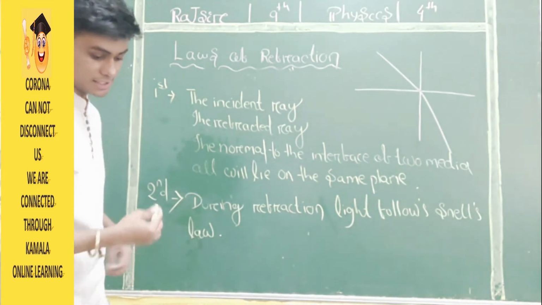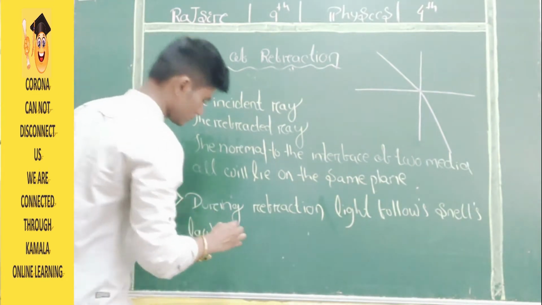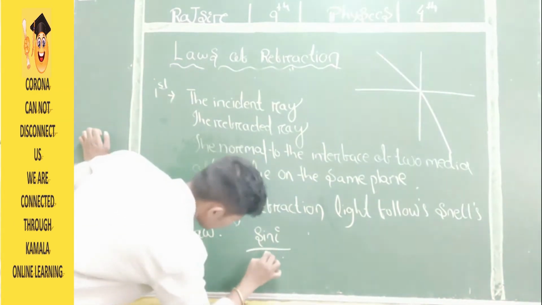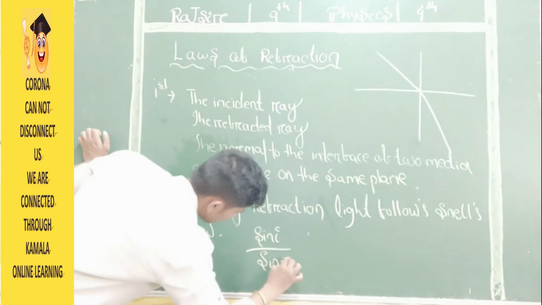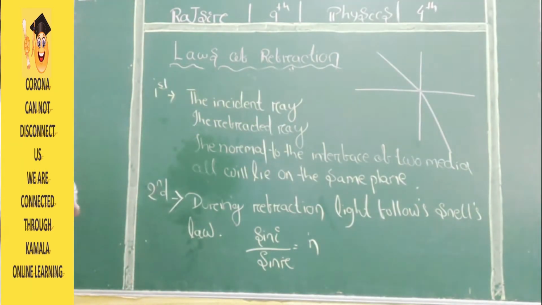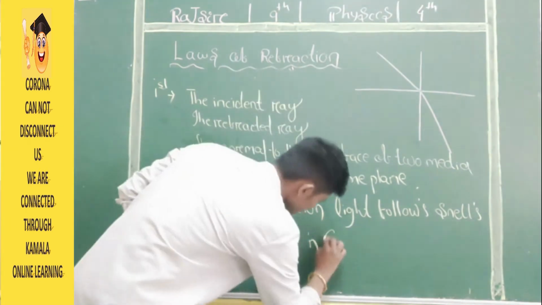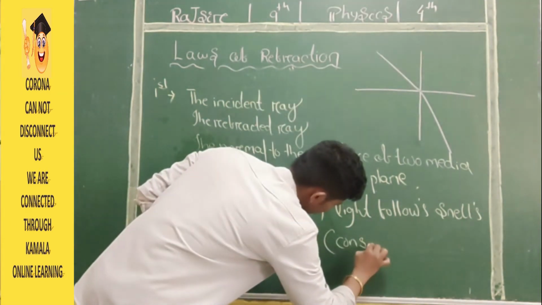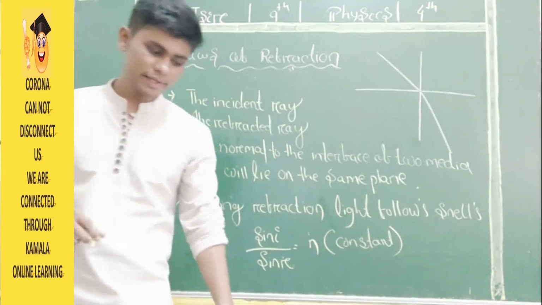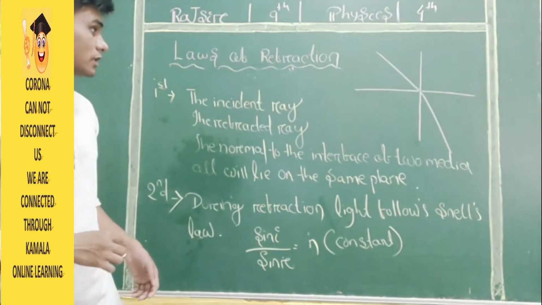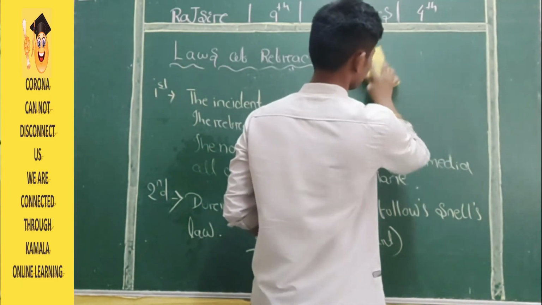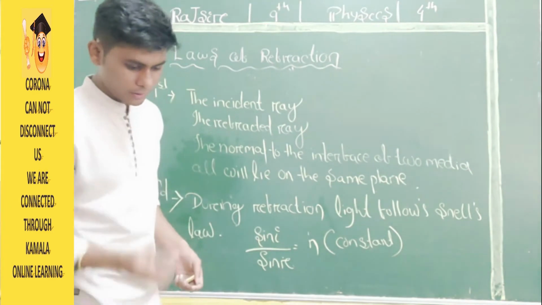Snell's law suggests that sin I by sin R is equal to n, or you can say a constant. You are getting what Snell's law is? Here I write Snell's law.